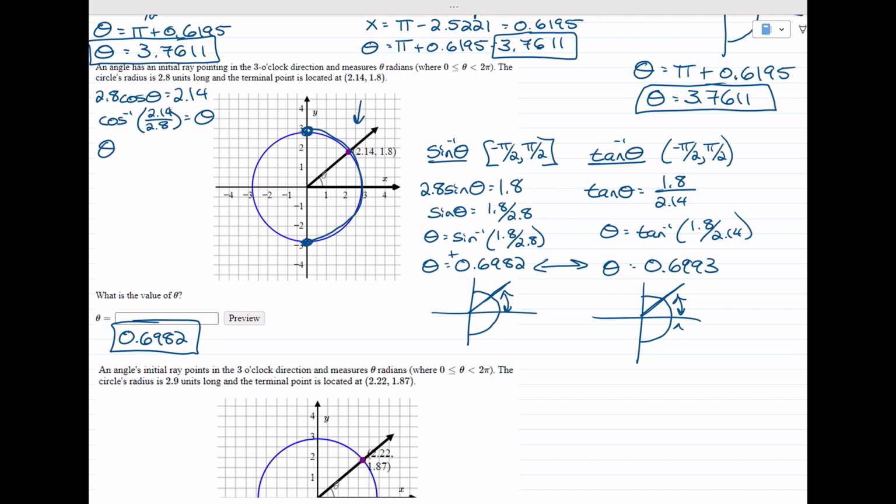The inverse cosine of 2.14 divided by 2.8 is 0.700. Because inverse cosine is defined from 0 to pi, this angle is right here. It's the same exact answer as the other ones. So we just confirm this answer using 3 different ways.